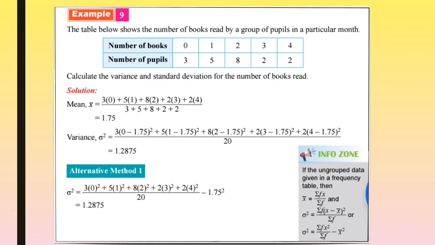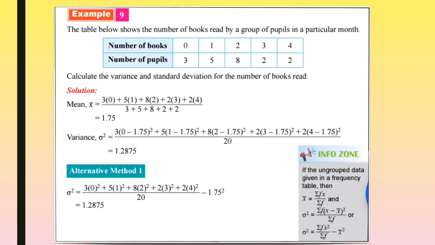So you take 3 times 0 plus 5 times 1 plus 8 times 2 plus 2 times 3 plus 2 times 4, over the total number of pupils, which is the total frequency, 3 plus 5 plus 8 plus 2 plus 2. So your mean is 1.75. If you want to use the first method, you find the difference between the data and the mean.